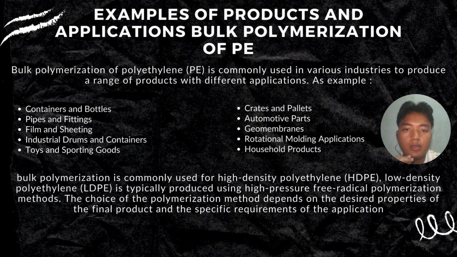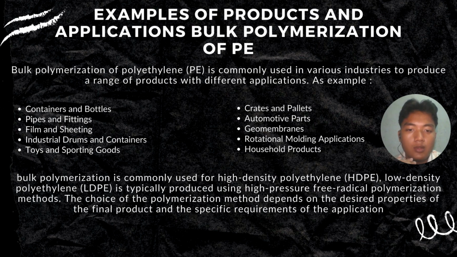What are the examples of products and applications of bulk polymerization of PE? Bulk polymerization of polyethylene is commonly used in various industries to produce a range of products with different applications. As examples, containers and bottles, pipes and fittings, film sheeting, industrial drums and containers, toys and sporting goods, crates, pellets, automotive parts, geomembrane, rotational molding applications, and household products.